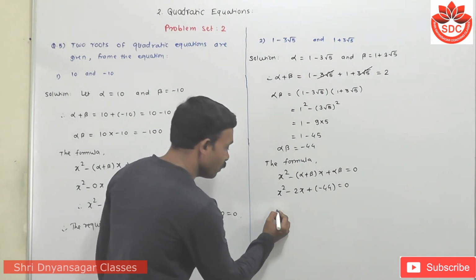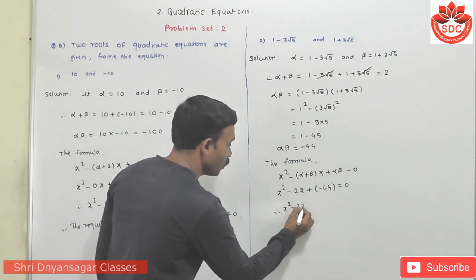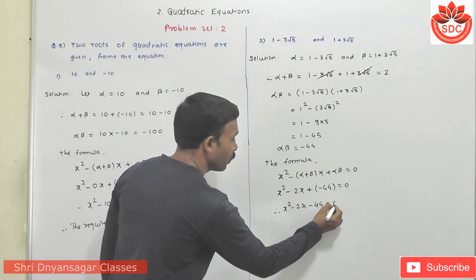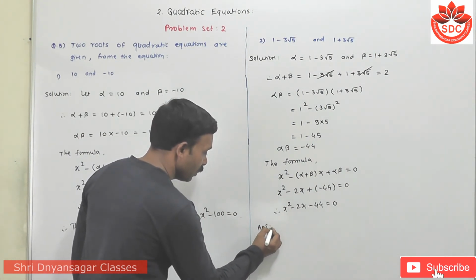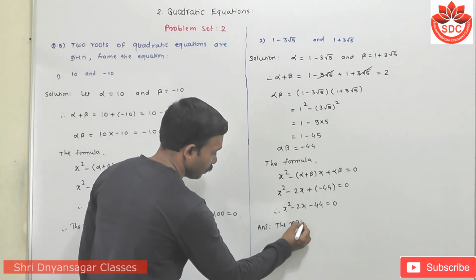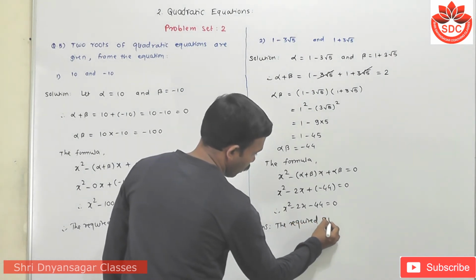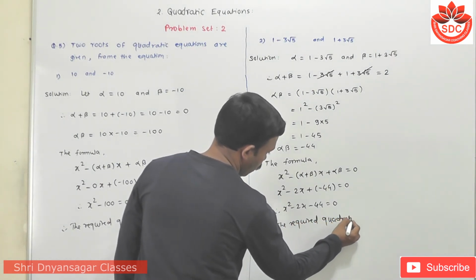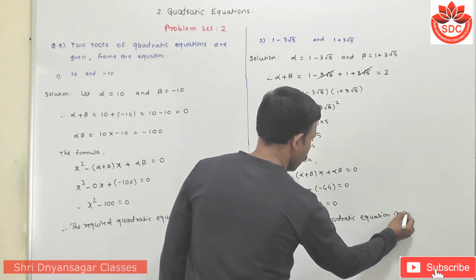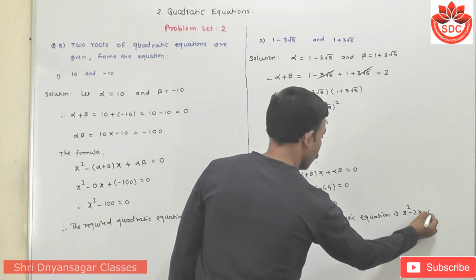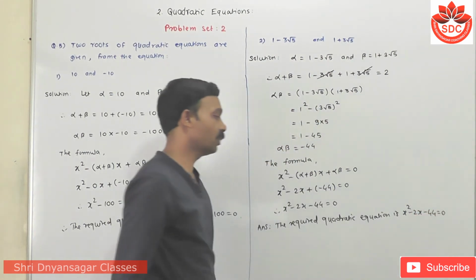Plus minus is minus, therefore x square minus 2x minus 44 is equal to 0. Therefore, answer in full sentence: the required quadratic equation is x square minus 2x minus 44 is equal to 0.